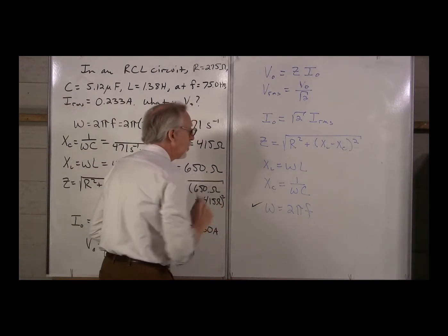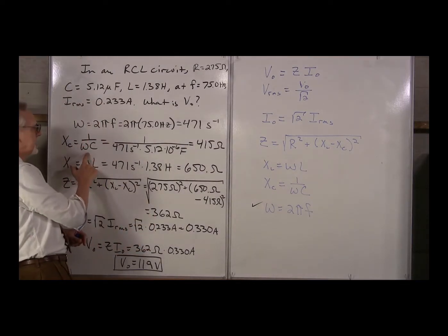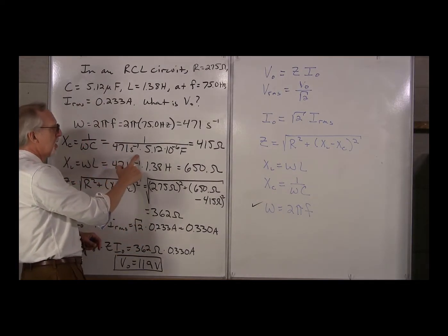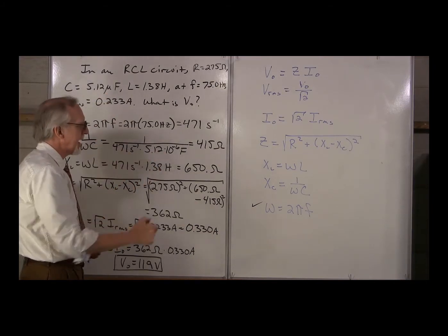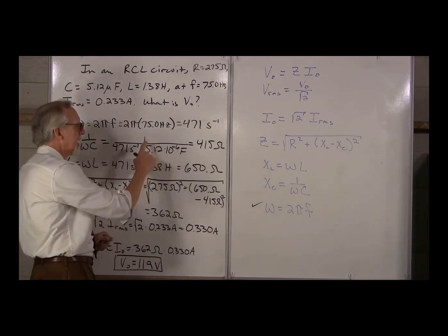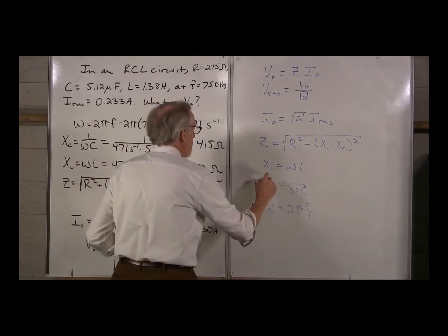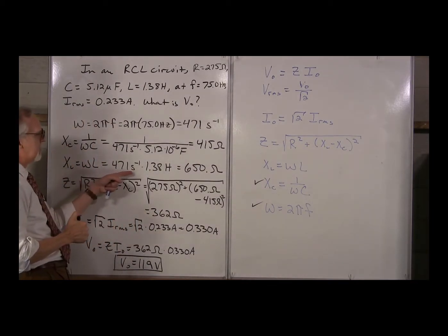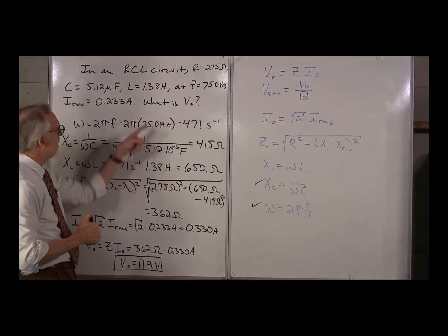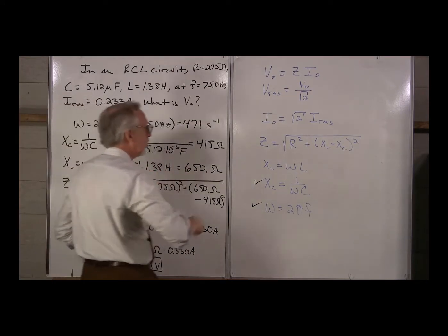We know XC is 1 over omega C. Omega, 471 inverse seconds. C, 5.12 microfarads, times 10 to the negative 6 farads. 1 over that gives us 415 ohms. XL is omega L. Omega L, 471 inverse seconds times 1.38 henries, or 650 ohms.